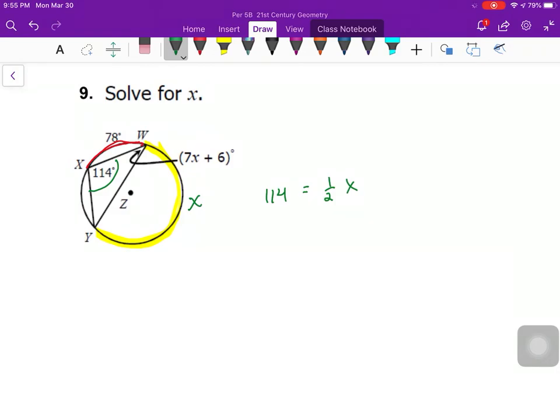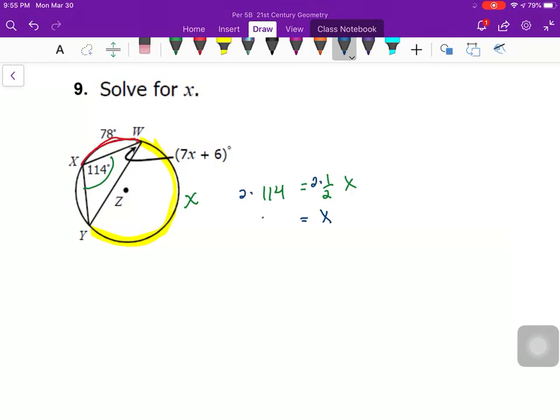So I know that the 114 will be equal to half of that arc X. I can solve that by multiplying by 2. So that arc X is going to be 228.